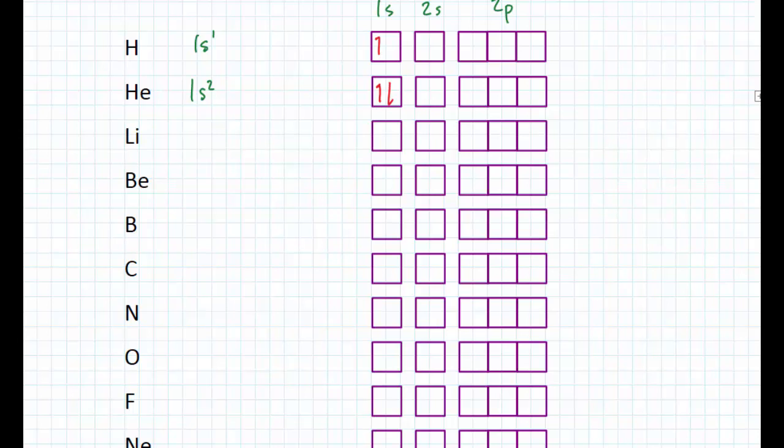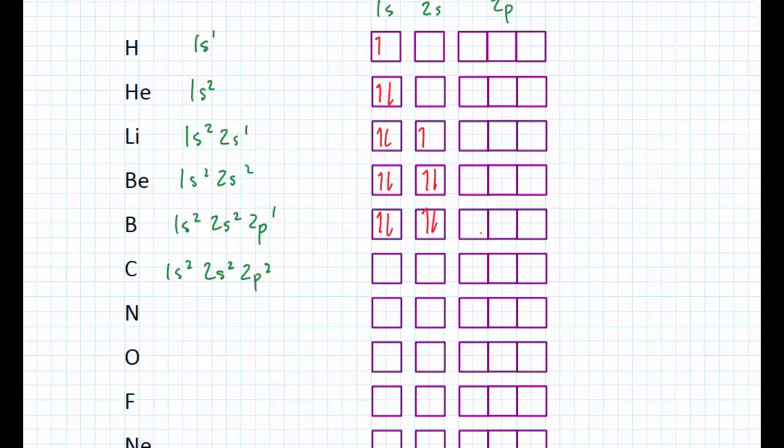Good. 1s2, 2s1, 1s2, 2s2, 1s2, 2s2, 2p1, 1s2, 2s2, 2p2. Okay, so read Hund's rule.